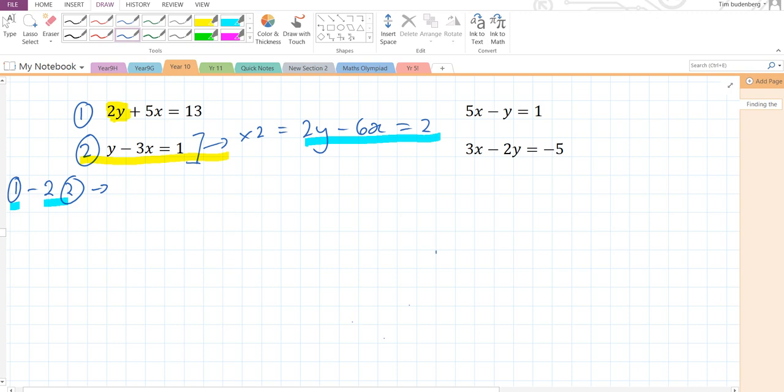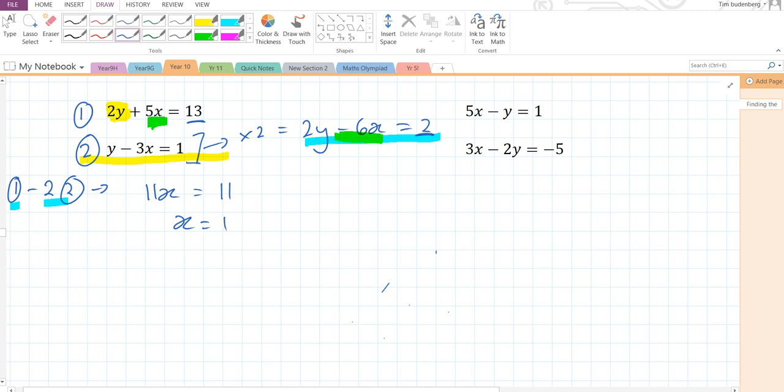So 2y minus 2y is our 0. 5x minus negative 6x. The double negatives is something to watch out for here, because if we're doing 5 minus negative 6, that gives us 11x, and 13 minus 2 is equal to 11.